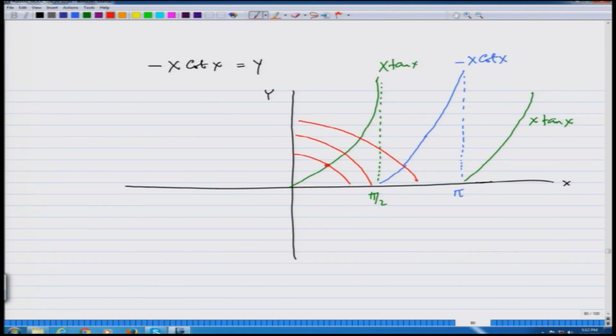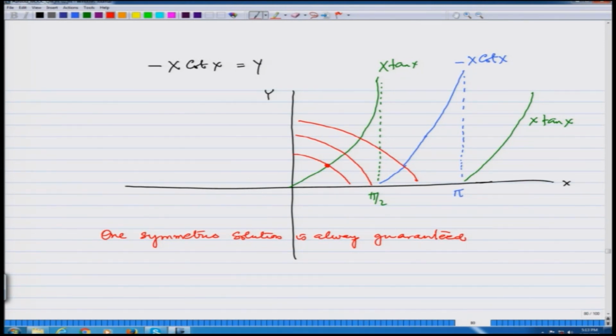So, one solution is always guaranteed. So, let us conclude one symmetric solution is always guaranteed, as we commented earlier.